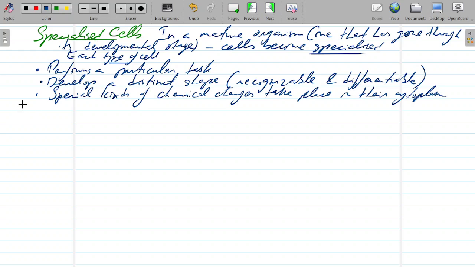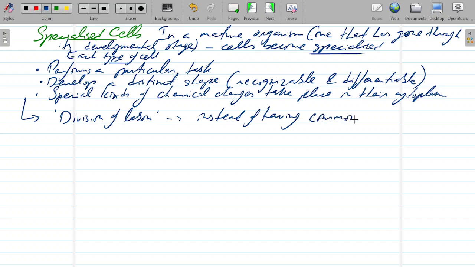And so what the specialization helps to do is what is called division of labor. Instead of having common cells, all cells doing everything, which will be a mess.